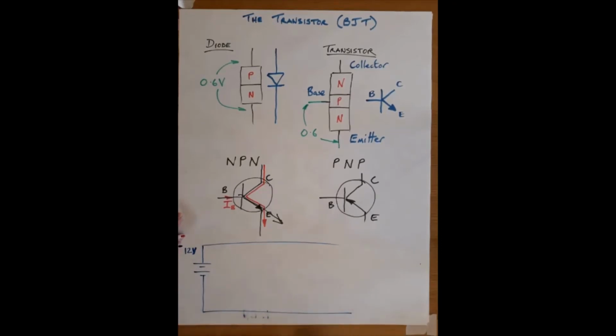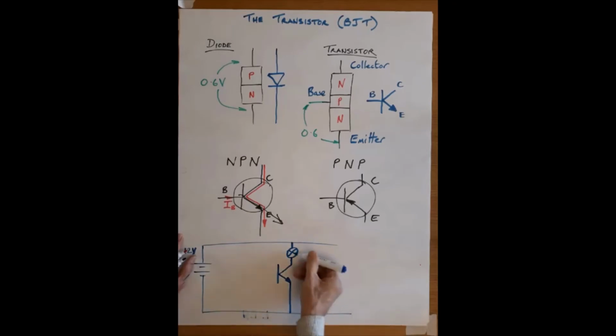So there is our power supply, and we're going to want to turn a transistor on. Let's make the load quite simply a lamp. So this circuit is quite pointless. I'm just trying to show how we get this lamp to light. That's all this is about.